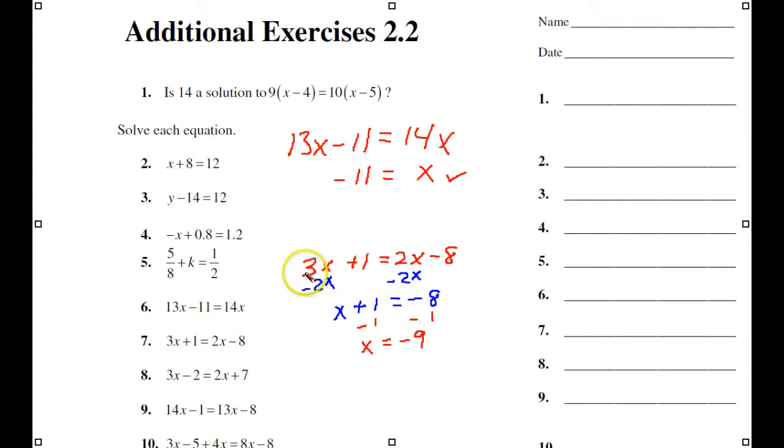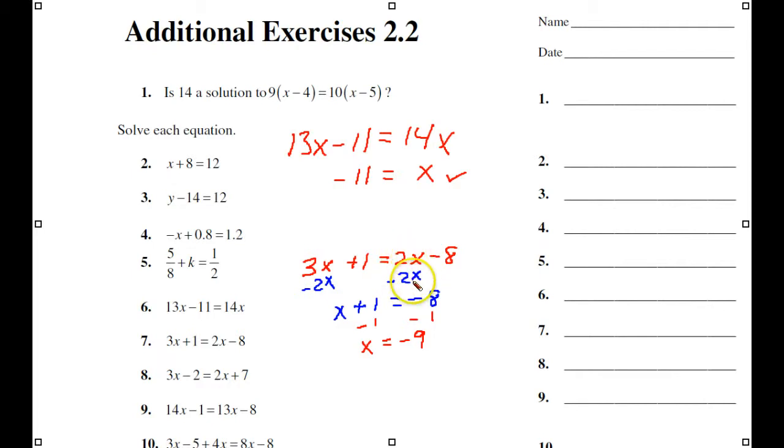Now for number 7, I wrote that out here too. And in Math Zone, I was watching a number of students this summer, and they have developed this technique on their own, that as they do it, they write the equation out, and they will physically subtract a negative 2x from this side.